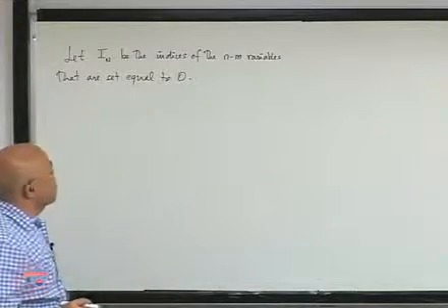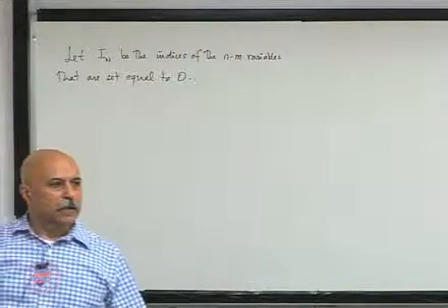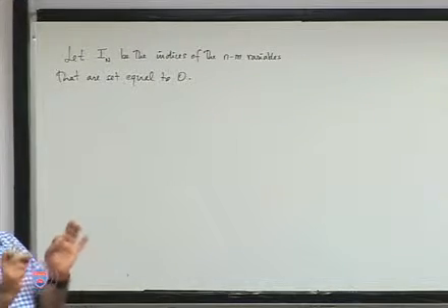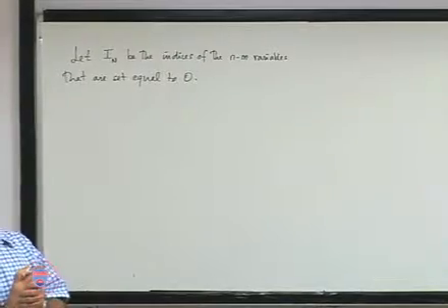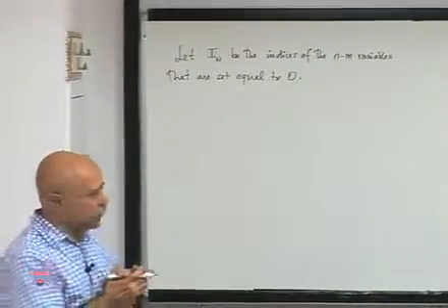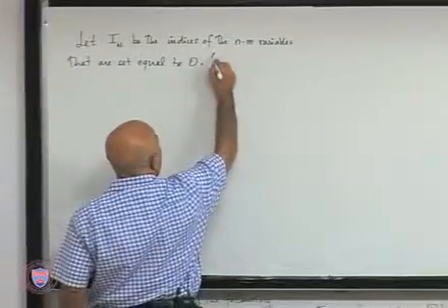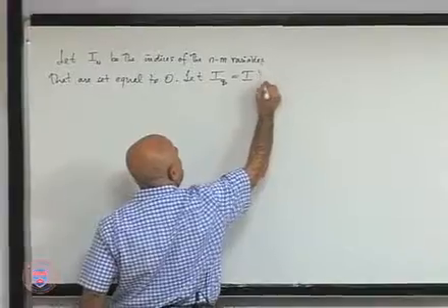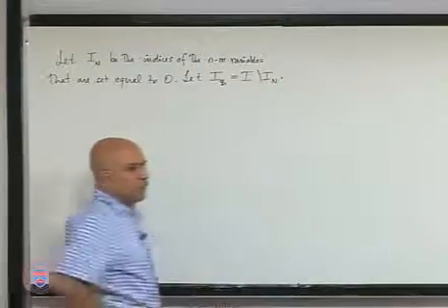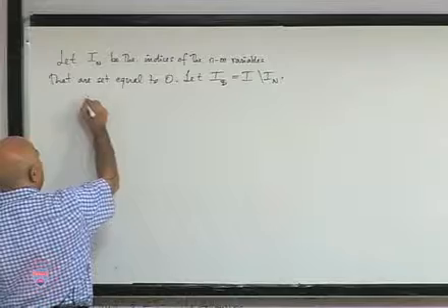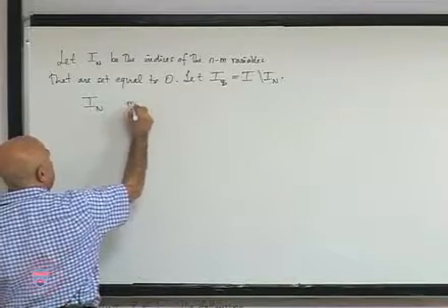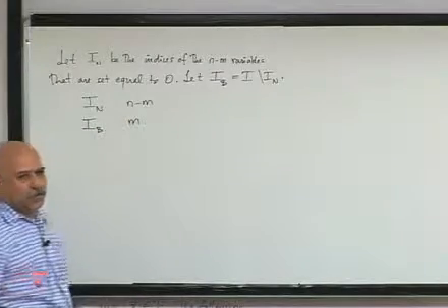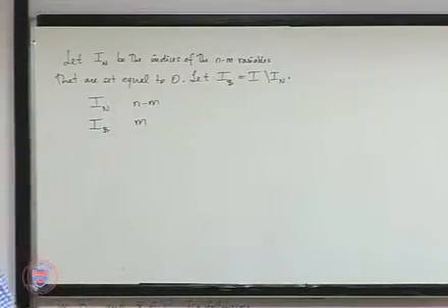Let's define I sub N to be the set of indices of the variables whose non-negativity constraint is taken as active. Those are the ones that are set equal to 0. Let I sub B be the remaining set of indices. So I sub N has n minus m indices in it, and I sub B has m of the remaining indices.